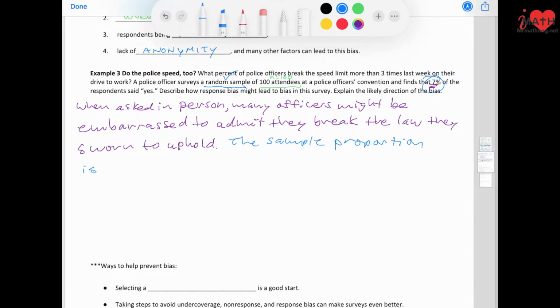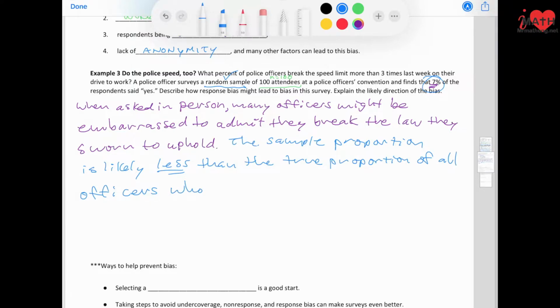It is likely less than the true proportion of all officers who break the speed limit more than 3 times last week on their drive to work.